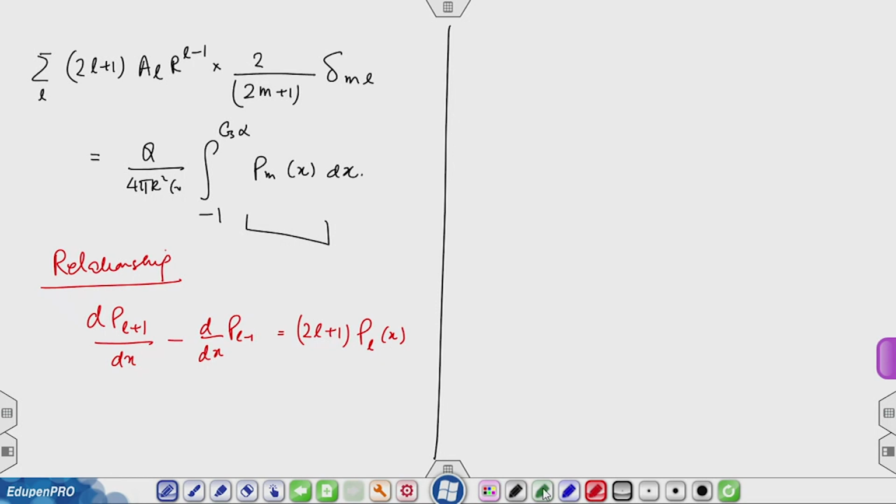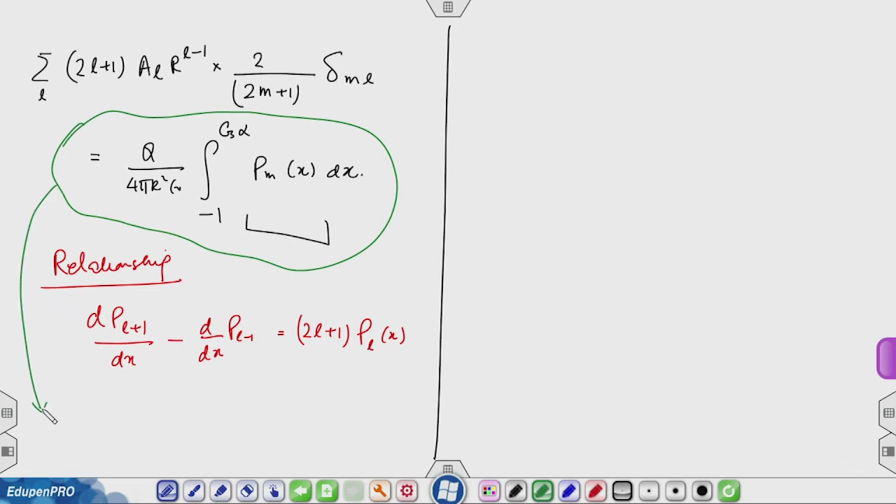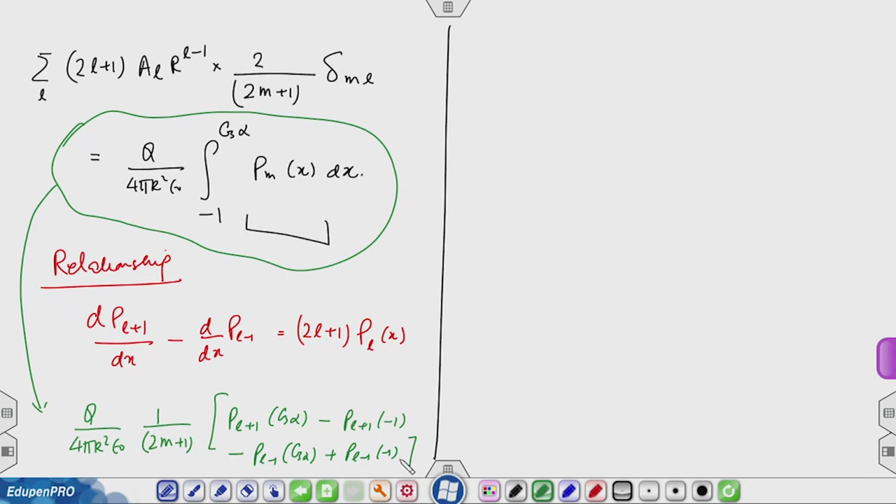And therefore, this integral out here goes over to q over 4 pi r square epsilon 0, 1 over 2m plus 1, P_(L plus 1) cosine alpha minus P_(L plus 1) at minus 1 minus P_(L minus 1) cosine of alpha plus P_(L minus 1) at minus 1.